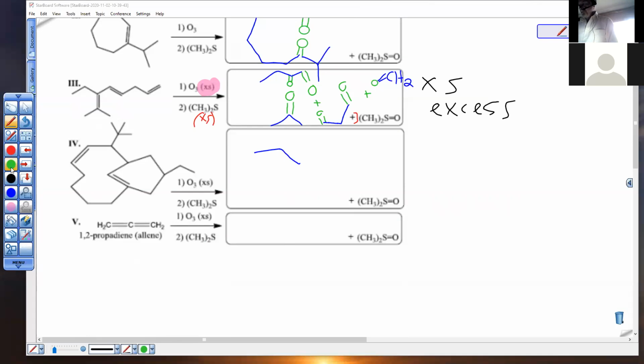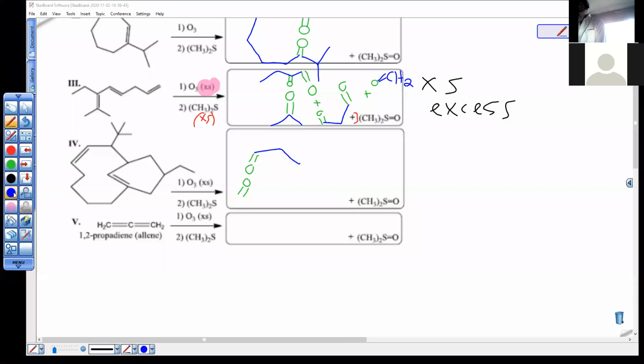Double bond O. Same double bond to C. And now that's this C right here. 1, 2, 3, 4, 5. So that's the first one we've drawn, 1, 2, 3, 4, 5. Doesn't have to look like the original, does it? As long as you have 5 C's. Now that'll be a double bond there.